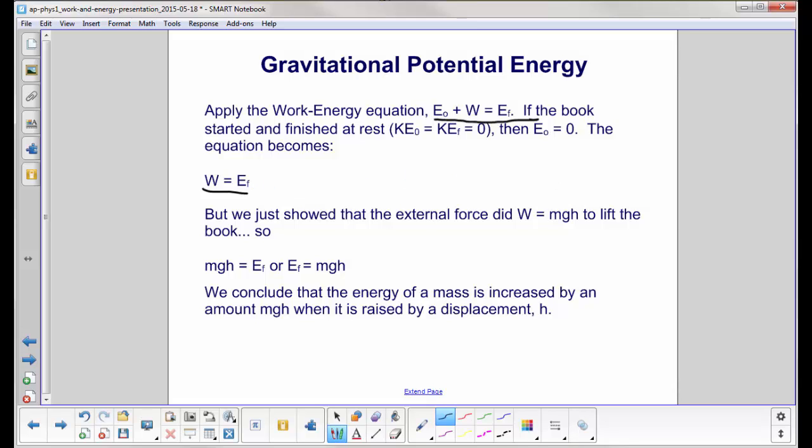The previous slide showed that the work done is mgh, so we have mgh equals the final energy, which enables us to conclude that the energy of a mass is increased by an amount mgh when it is raised by a displacement h. And again, just to point out, here are all these words, and they're summarized by this neat little equation.